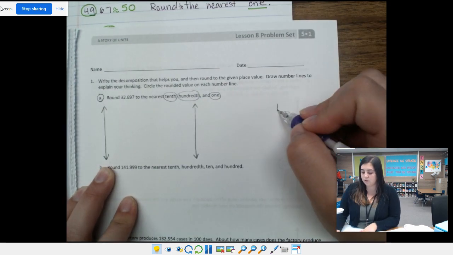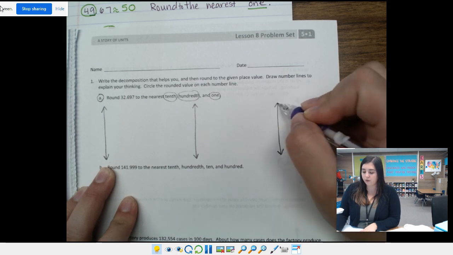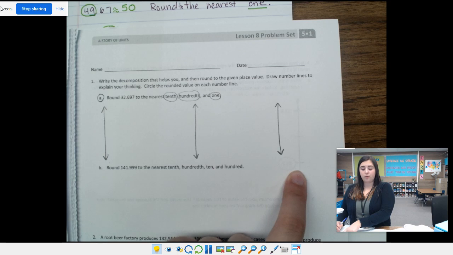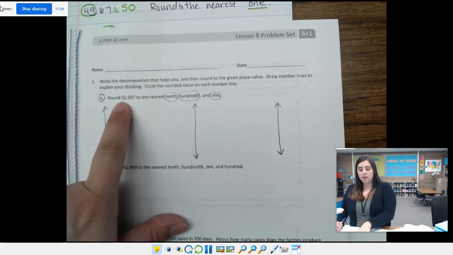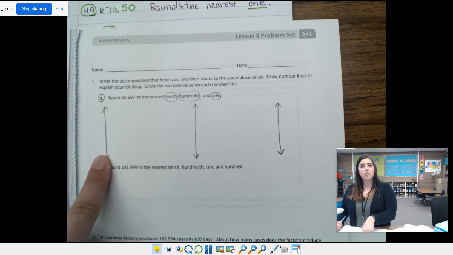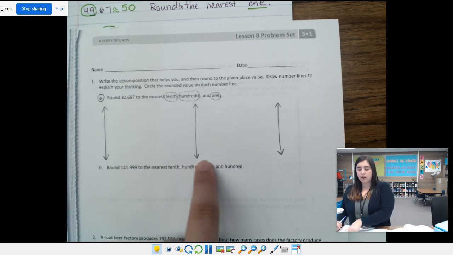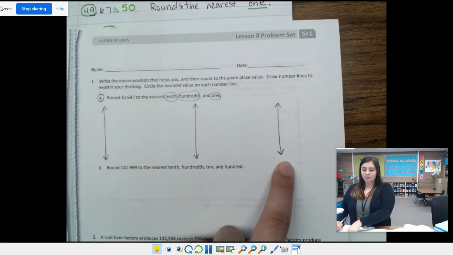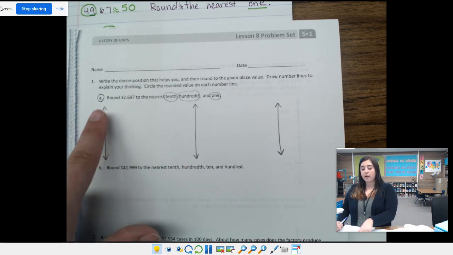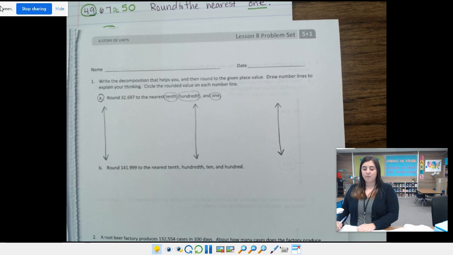And then over to the right, your third number line. That way you make sure you have room for all 3. So you're going to round 32 and 697 thousandths to the nearest tenth, the nearest hundredth, and the nearest 1. If you don't have room for this, do it on your whiteboard, and then you can just write your answers in here. When you're ready to check, you're going on to the next video to check your work. Good job, everyone.